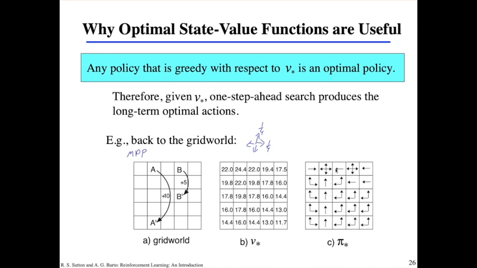The policy that we were given, our original pi, has every cell with this kind of 4-way arrow on it, assuming each arrow has equal probability under pi for that state.